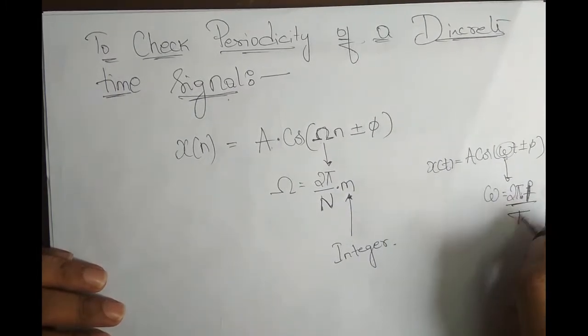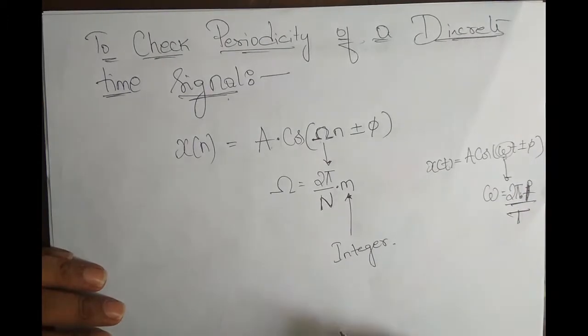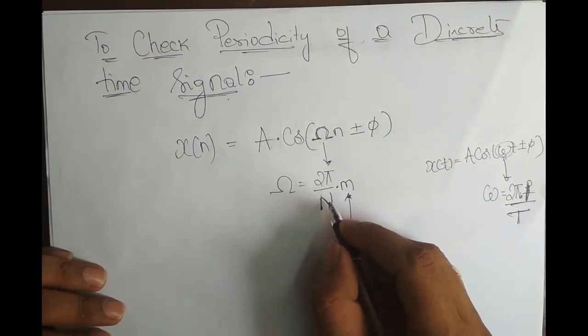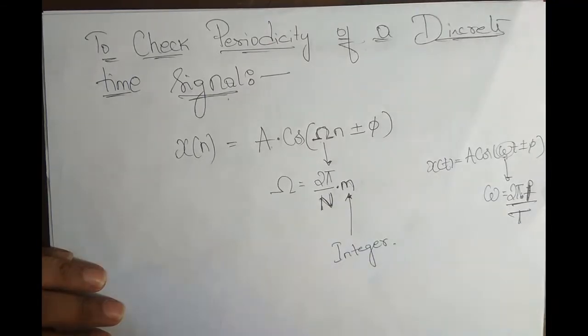It was 2 pi by capital T in continuous time signal, whereas in discrete time signal it is 2 pi by capital N into m, where m is an integer.